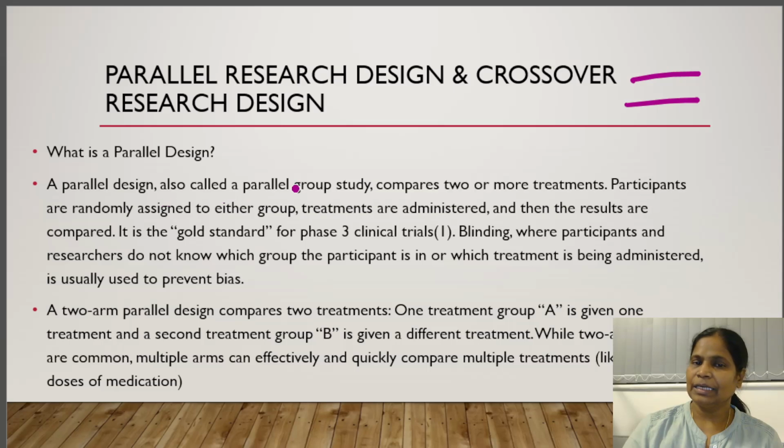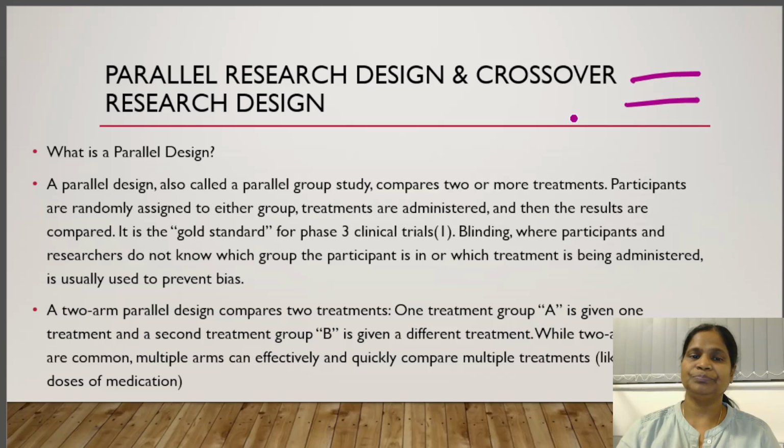A parallel design is also called a parallel group study; it compares two or more treatments, and the participants are randomly assigned to either group. So when we say randomly assigned, it is a true experimental study. Most clinical trials take this parallel research design.